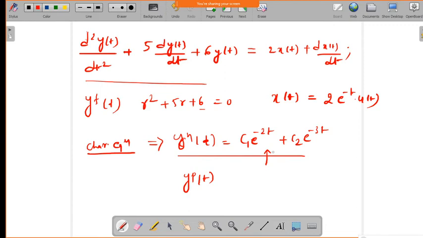So now find out what is the particular solution. Since it is in the form of 2 into e power minus t, it should be in the form of k into e power minus t. Now find out the value of k. For that, put x of t, which is nothing but 2 into e power minus t.